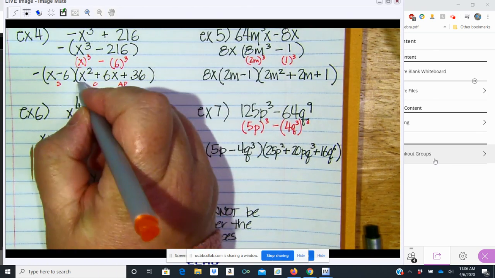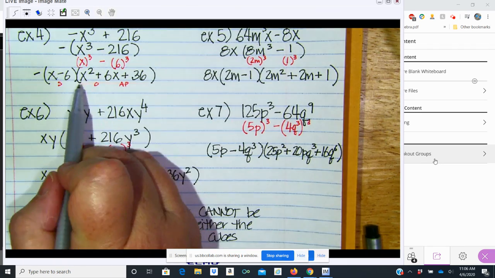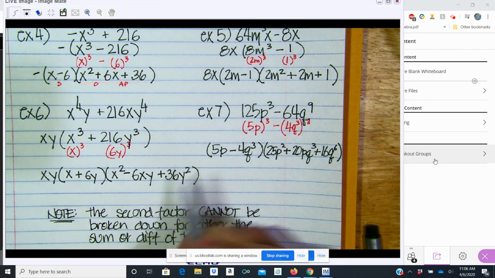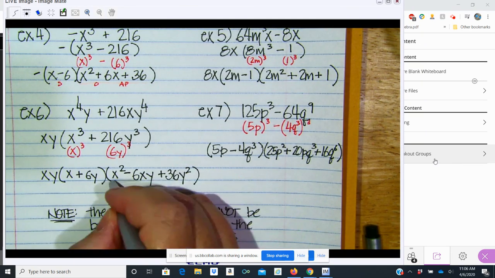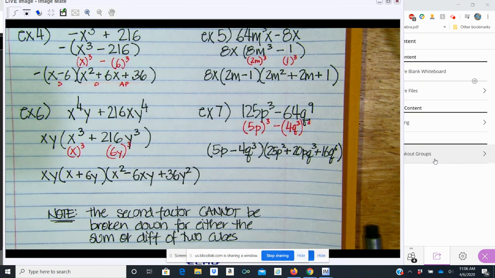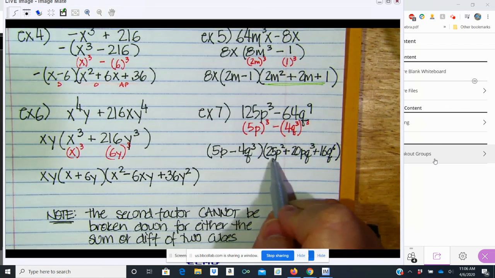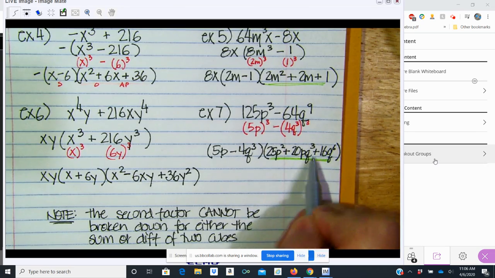That's because these second factors, this x squared plus 6x plus 36, and the x squared minus 6xy plus 36y squared, and the 2m squared plus 2m plus 1, and the 25, these never break down.